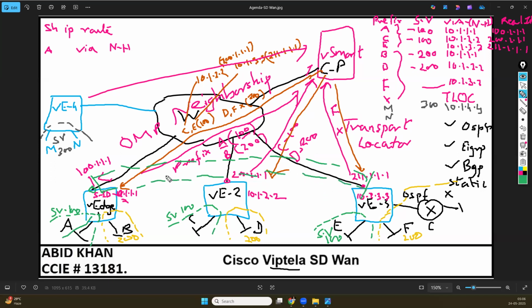Like this. This is the data. So inside this, the data is going to go from, let's say, A to segment E, like that. And this is an IPsec tunnel.